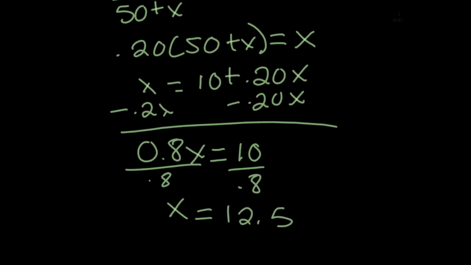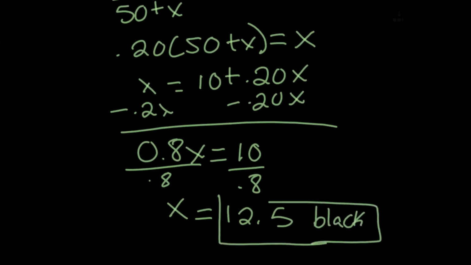So, making our answer 12.5 units of black paint. By adding approximately 12.5 units of black to the 50 units of blue, the black becomes exactly 20% of our final mixture.